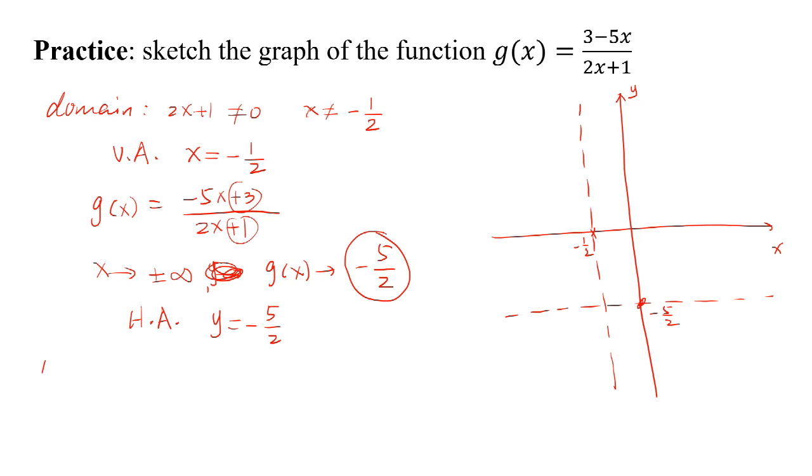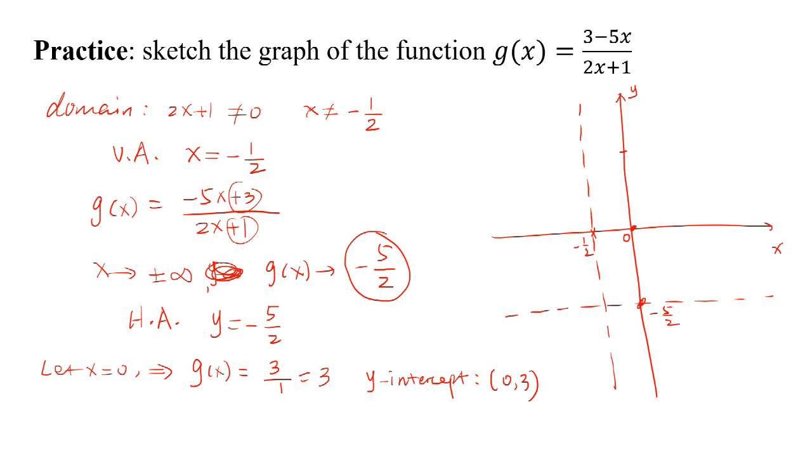First of all, we can just let x be 0, and then g(x) is 3 over 1, which is 3, right? So the y-intercept is (0, 3).